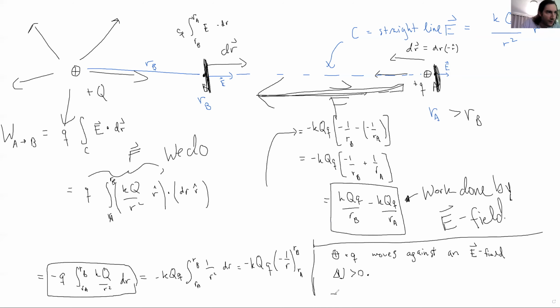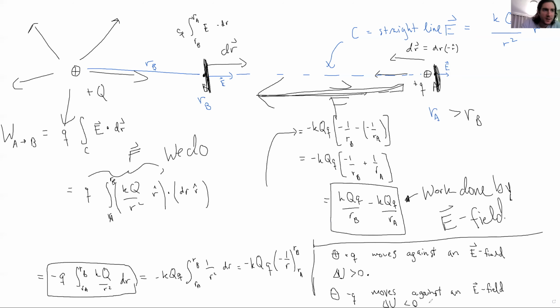So if we have a negative charge here, minus Q, if minus Q moves against an E field, then it's a decrease in potential energy. Then delta U is negative, okay?